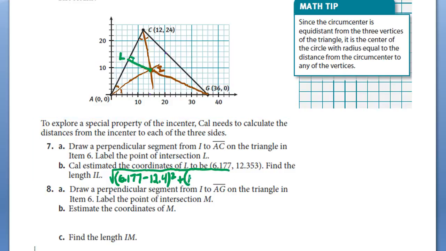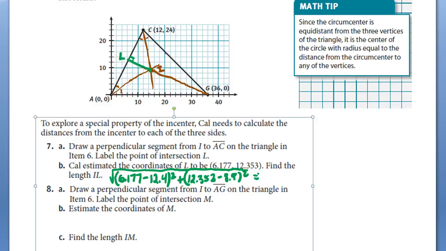So that's 12.353, subtract, and then the y-coordinate of point I was 8.9. Simplify this result to find the length. This turns out to be approximately 8.95 units long from point I to point L.